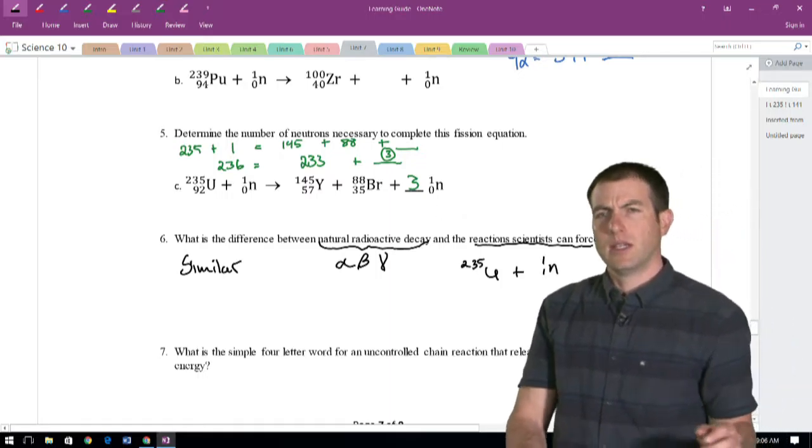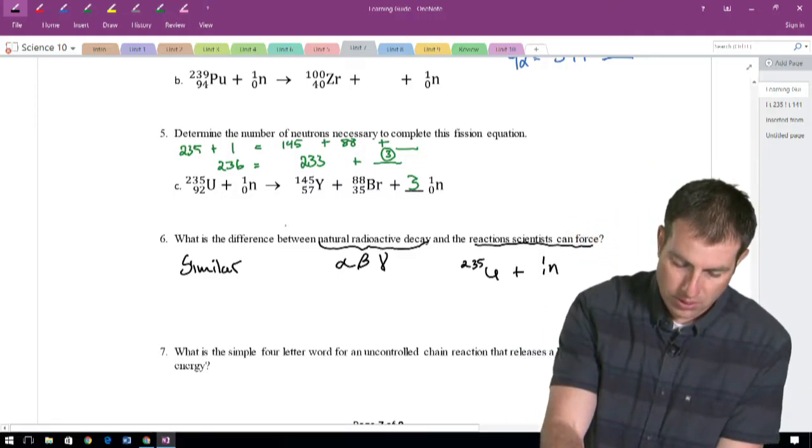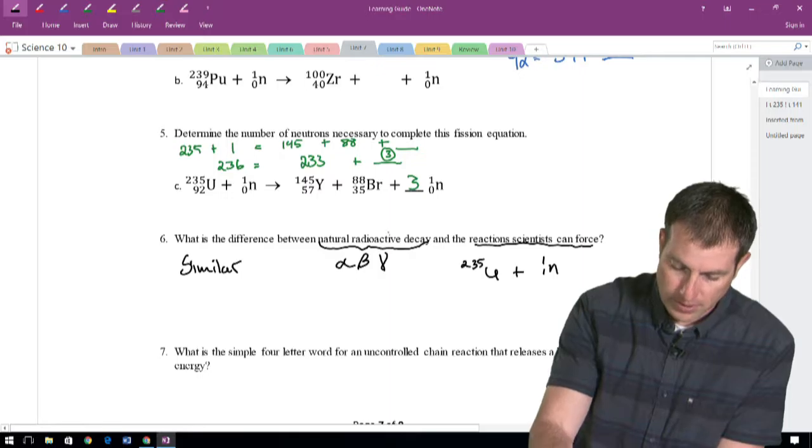So maybe natural is going to be sort of smaller, and we can force, we're good at forcing big things.